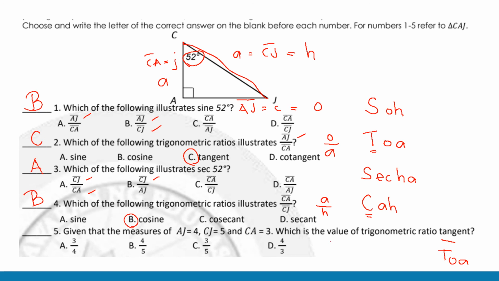And that is 4. Tapos, adjacent side is CA. And that is 3. Kaya naman, 4 over 3. So, the correct answer is letter D. So, this is it. Ito ngayon ang sagot sa ating assessment problem.